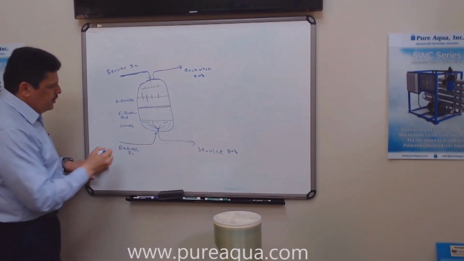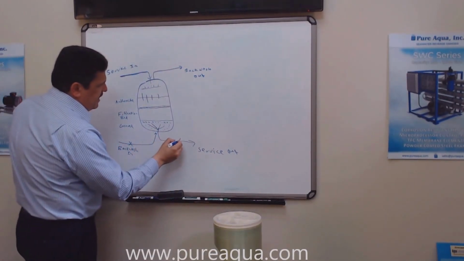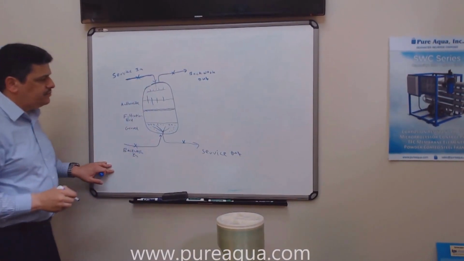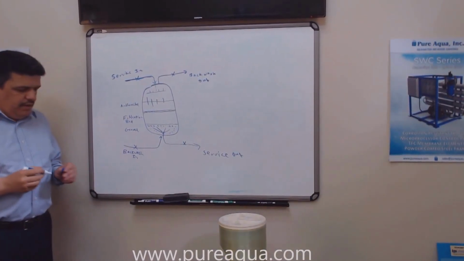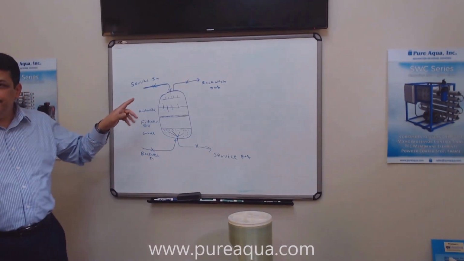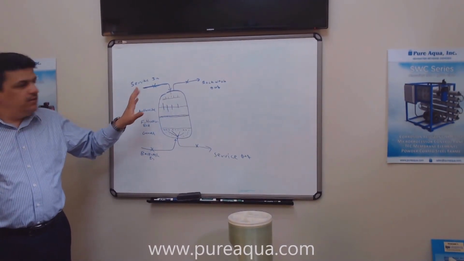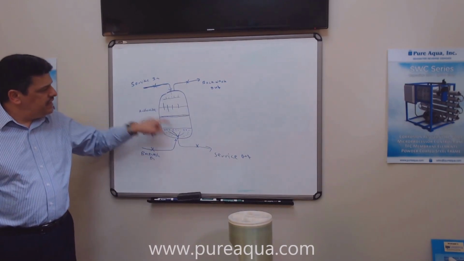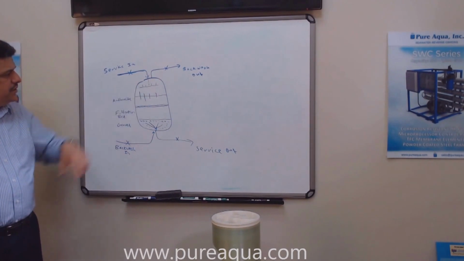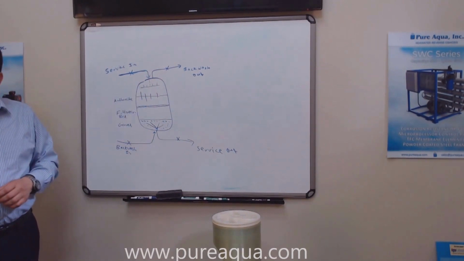Now, we usually have a valve here, a valve here, a valve here, a valve here. When we have a service process going on, service in, service out, those two valves are open. This is closed, this is closed. And then we have the rinse.